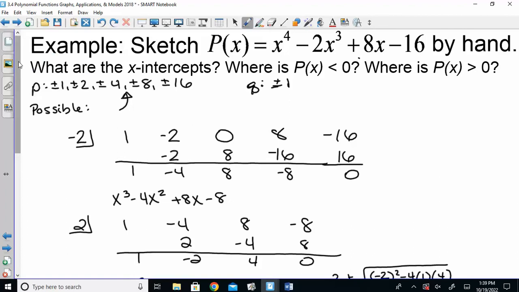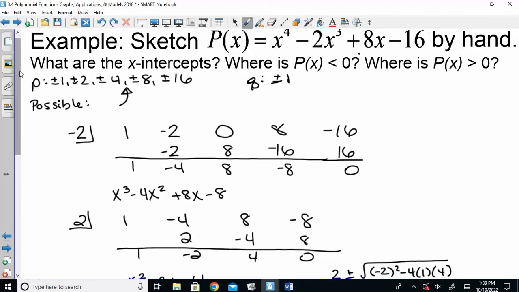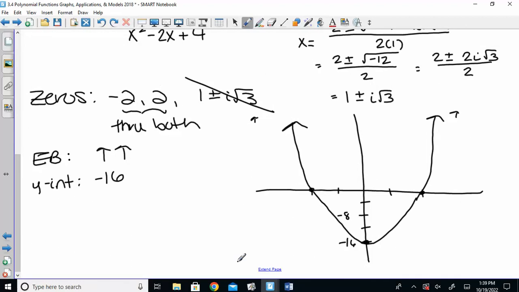All right, I'm going to ask you a couple questions. Can you tell me by looking at this graph, what are the x-intercepts? Yeah, x-intercept is just another word for 0. We already answered that once. The second question I put on there, where is p of x less than 0?